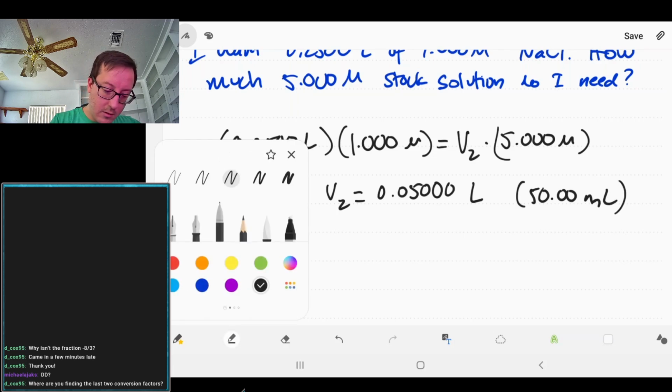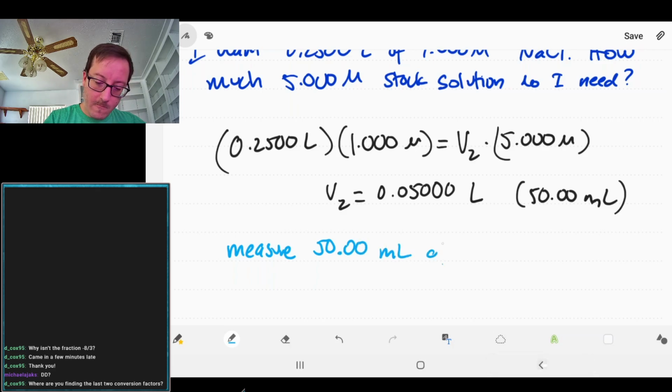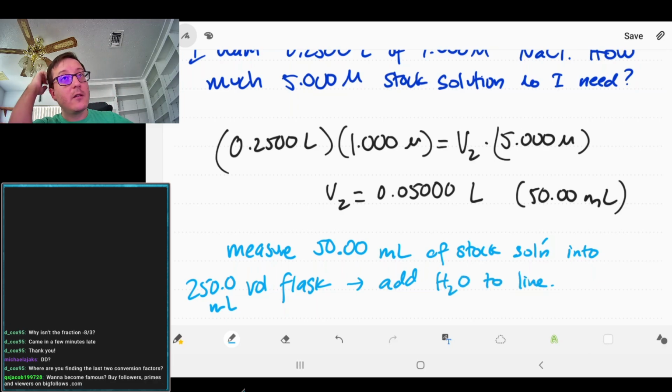And so our process here would be, we would measure 50. We would still use our volumetric flask here, by the way. And then we would add water up to the line.